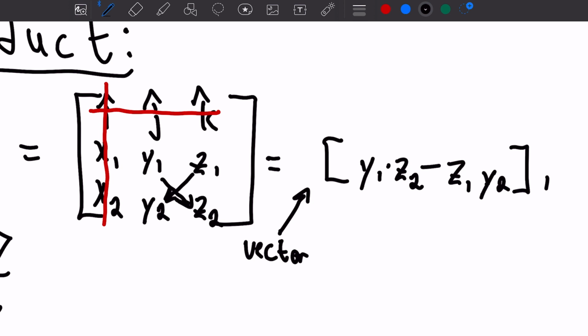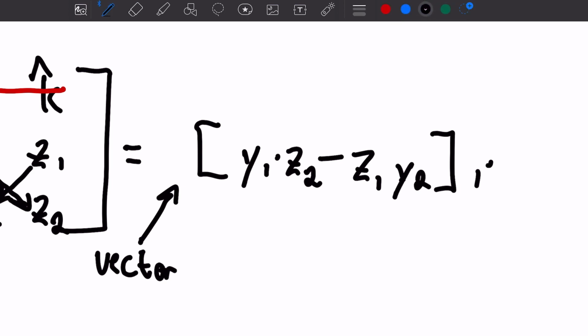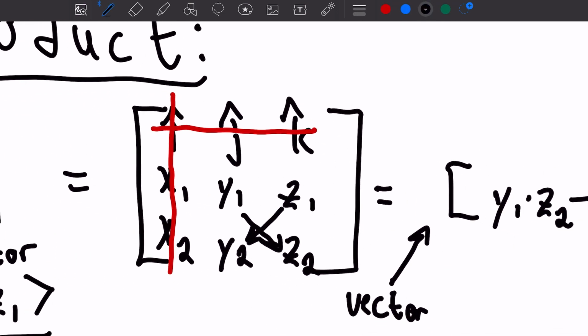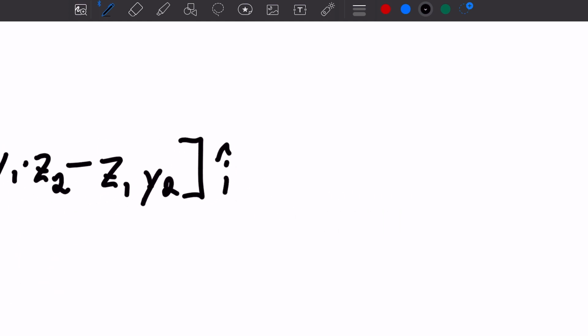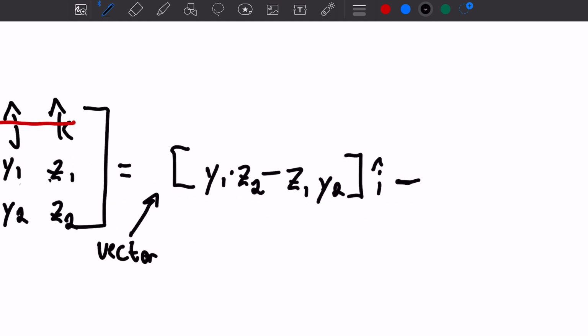Now, the process to solve the remaining components of this vector is going to be fairly similar. Only thing is, we will now be looking at the other columns. So in order to do j, one quick note: there's always going to be a minus sign in front of it.